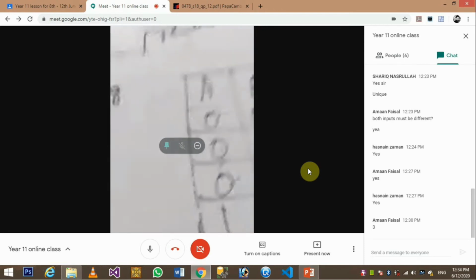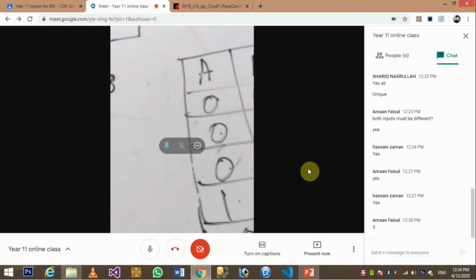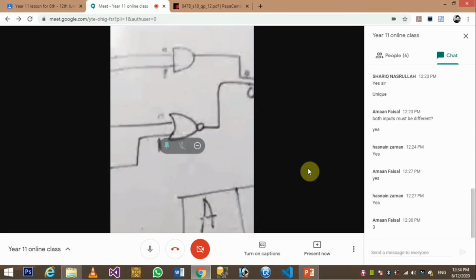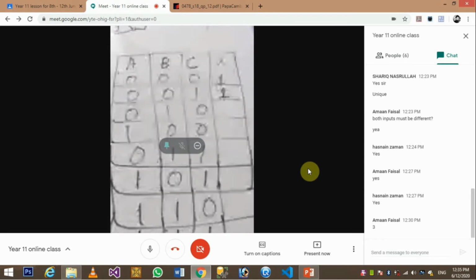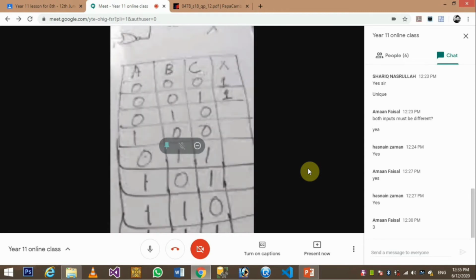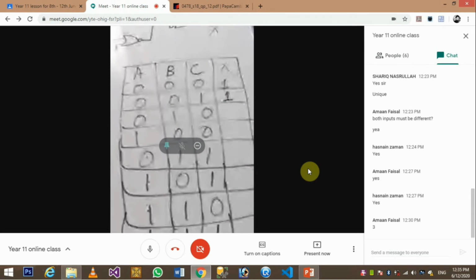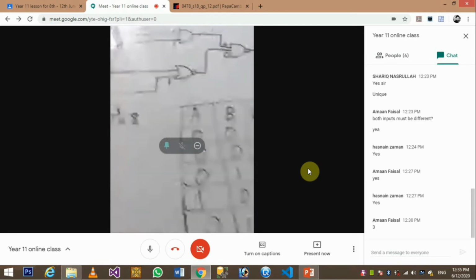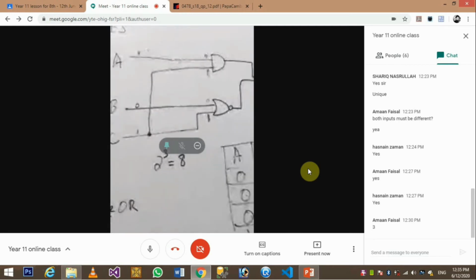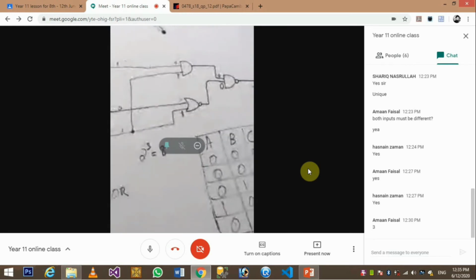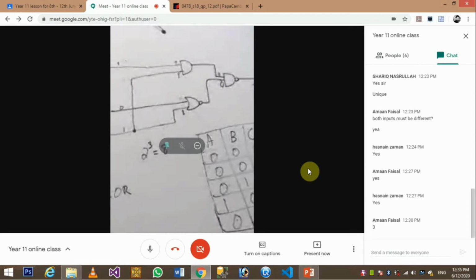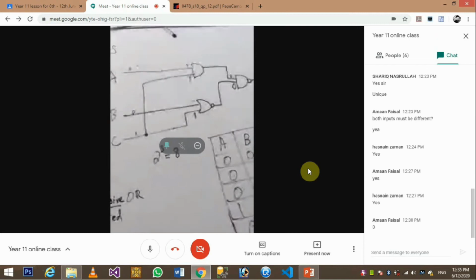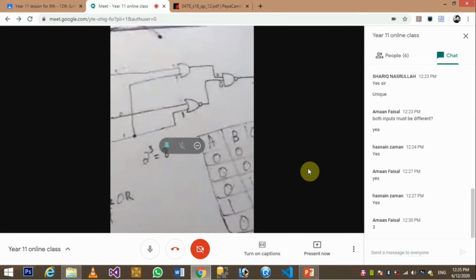All right. So similarly, you need to do it, and you can complete the truth table also. Can you complete it now? Because this class is just to remind you how we do all these things, since we have done it in our previous classes. So this is just to recall.